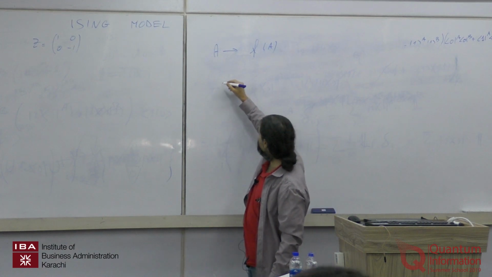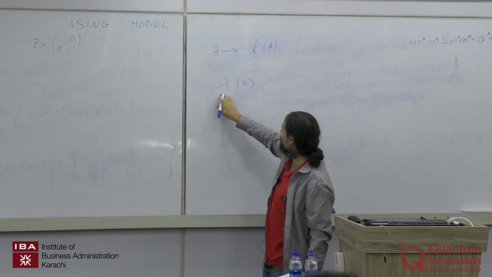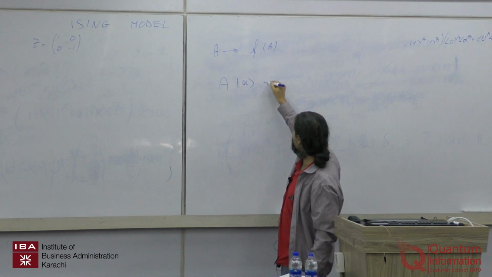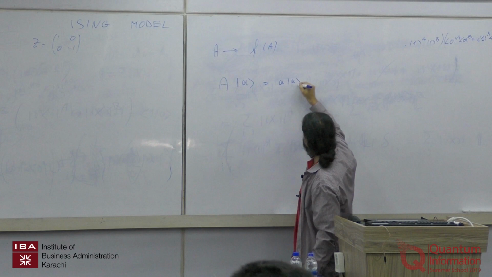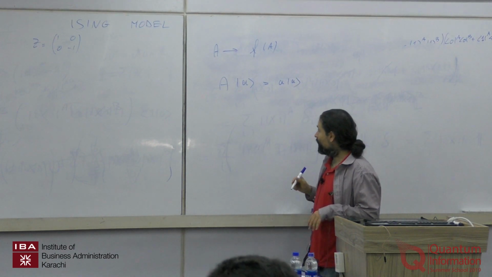An eigenbasis, I think everybody knows, is a set of vectors such that when you apply A to the vector |a⟩, you get a number times it. Everybody knows this definition of eigenvalue and eigenvector.